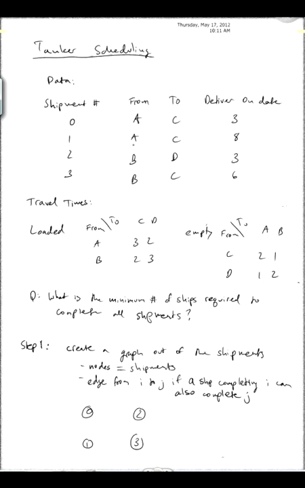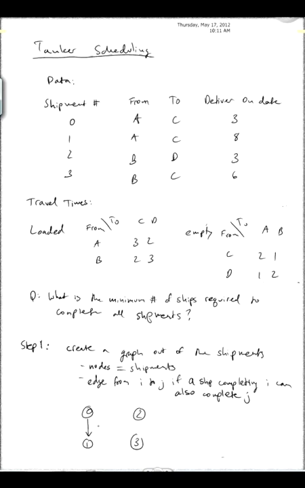And then it has to travel from A to C full, which is going to take 3 days. So that means the earliest it could get to C is on day 8. And that's also when the shipment needs to be delivered. So yes, it's possible that a ship completing shipment 0 can also complete shipment 1. And that's why we put this edge from 0 to 1.